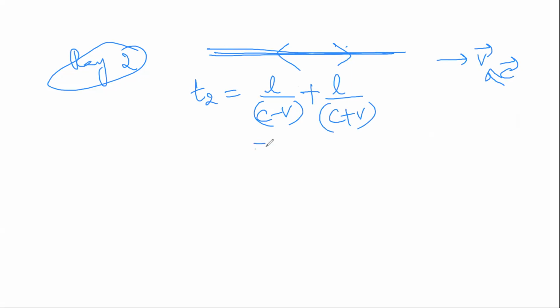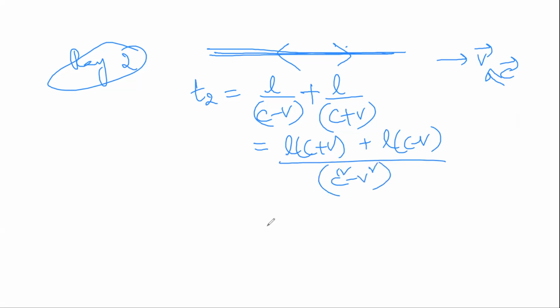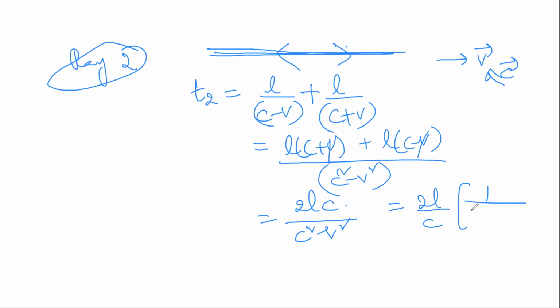So what I get from this equation: L into C plus V plus L into C minus V by C square minus V square, A plus B into A minus B. So 2LC by C square minus V square, because this one and this one will get cancelled out. Can write it as 2L by C into 1 by 1 minus V square by C square.